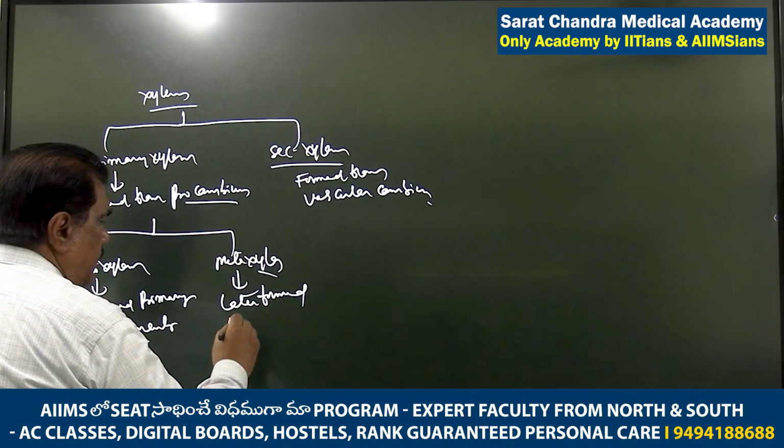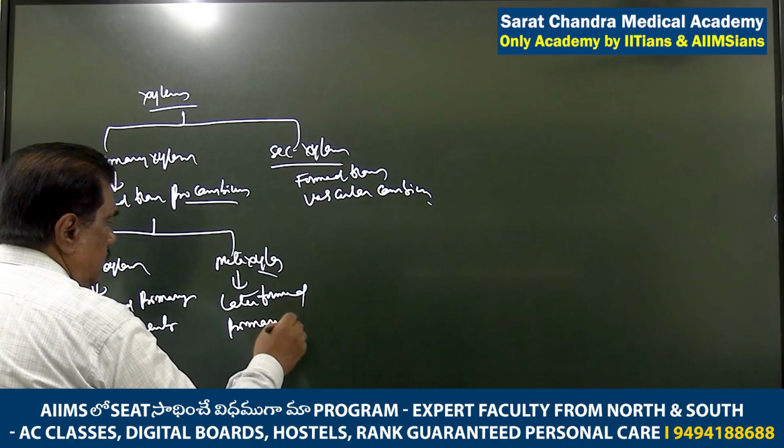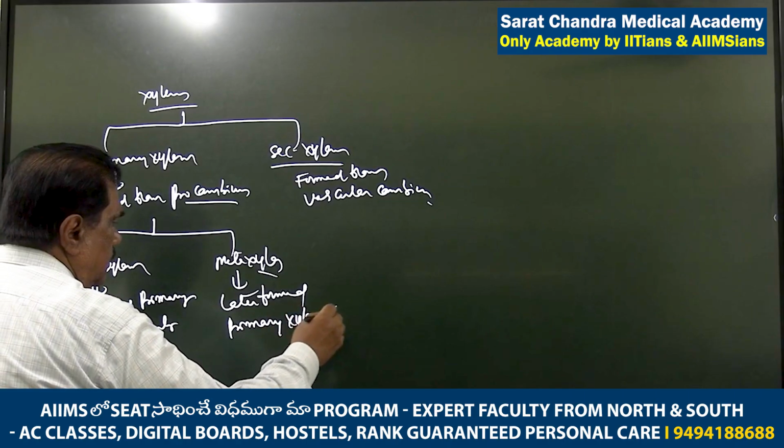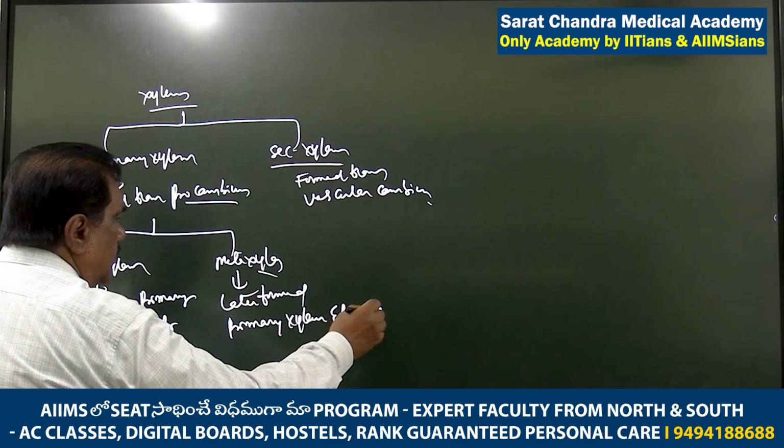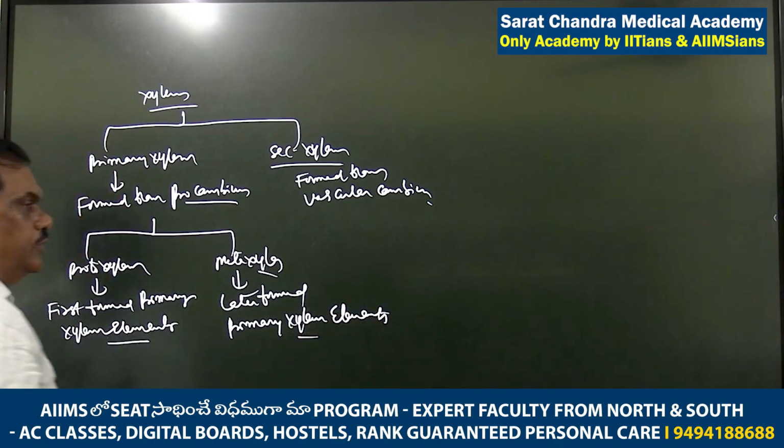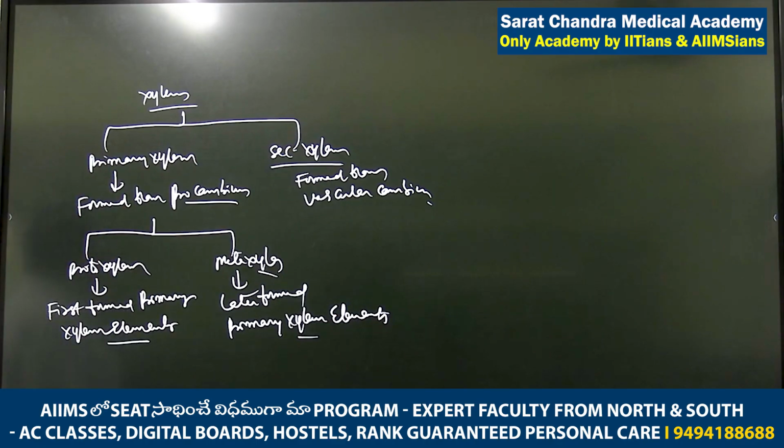Later formed primary xylem is called as metaxylem. Protoxylem elements are smaller in size, and metaxylem elements are larger in size.